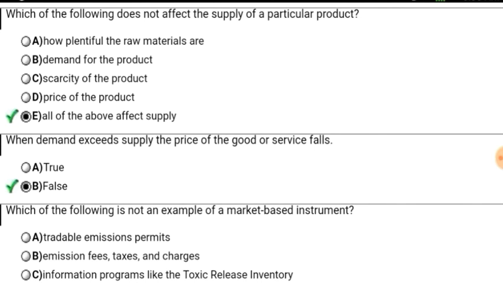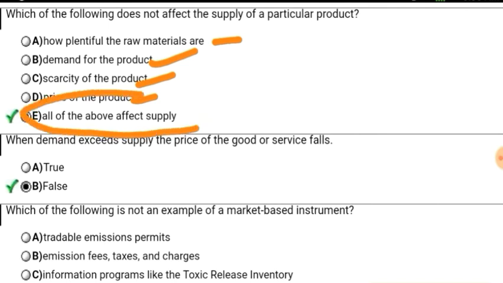Next, which of the following does not affect the supply of a particular product? How plentiful the raw materials are, this is affecting. Demand for the product is also affecting. Scarcity of the product is also affecting. Price of the product is also affecting. So all of the above affect supply.